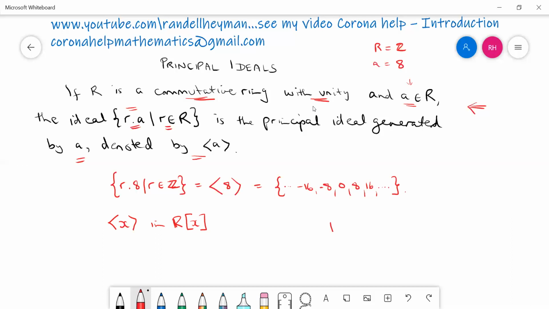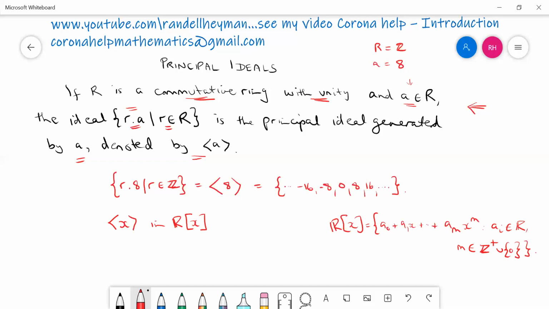So remember, this is the set of a0 plus a1 x plus up to am x to the m, where all the ai are real numbers and m is a positive integer, I'll just include 0. So that's all the polynomials.